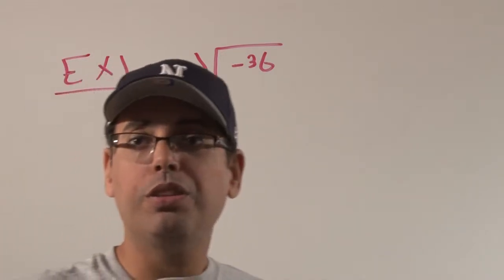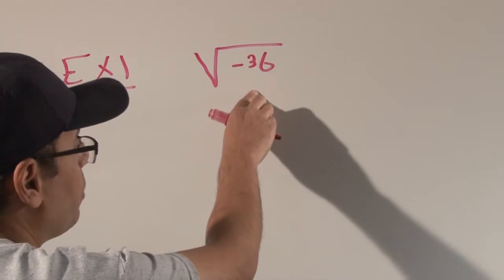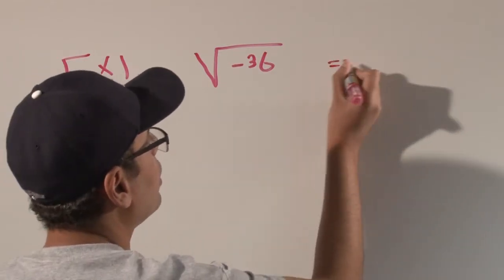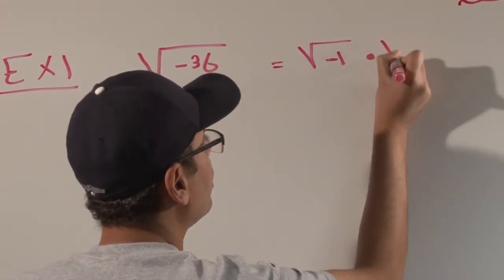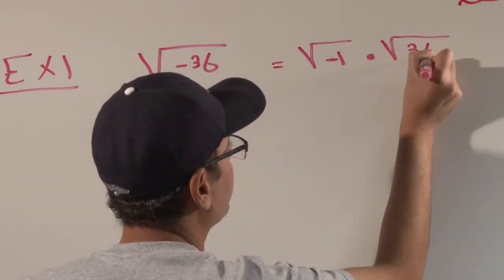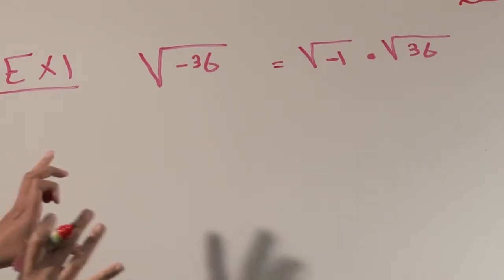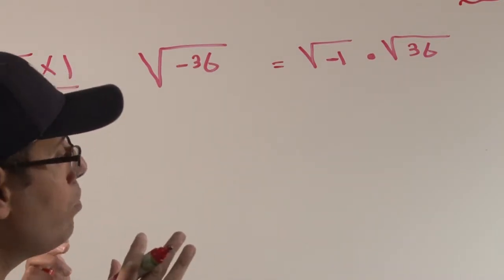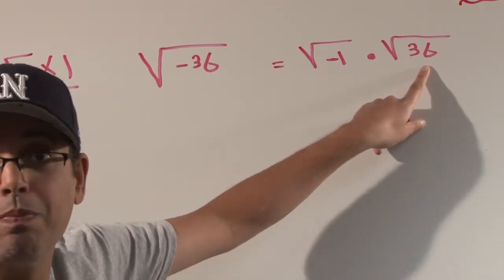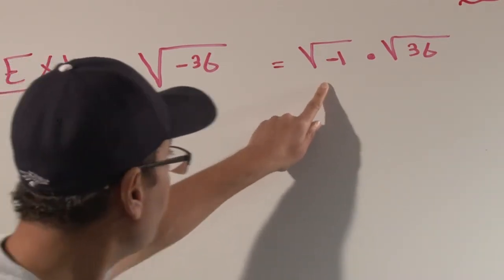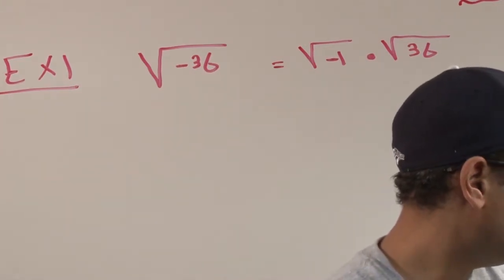If we go back to the properties of roots, we know that I can split that into the square root of negative 1 times the square root of 36. Now I have two numbers that are defined for me, because I can get the square root of 36, as well as the square root of negative 1 as I defined it before.